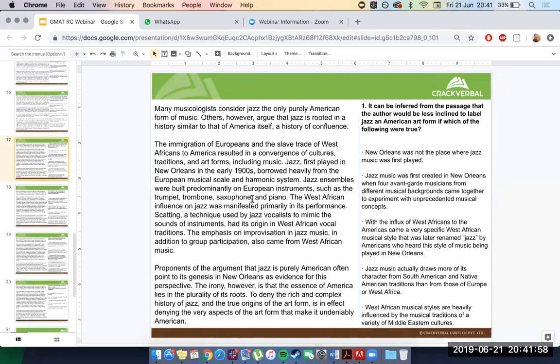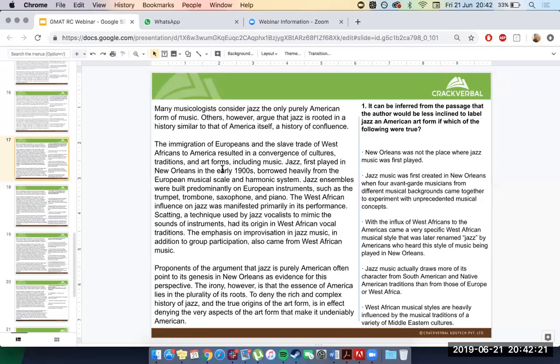Now, at this point, I would even stop and say that the first sentence is telling us about Europe and West Africa. So they're really trying to tell us that European and West African influences came together to create whatever, right? That there was a convergence, including in music. So presumably, they didn't say jazz here, but obviously they're talking about how this is relevant to jazz because why would they be talking about anything else?